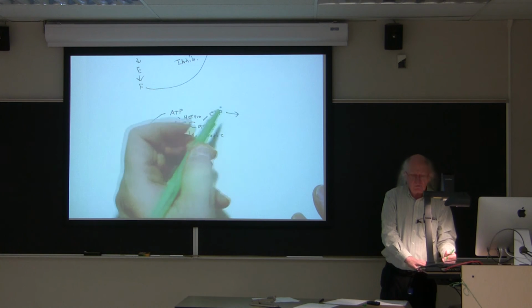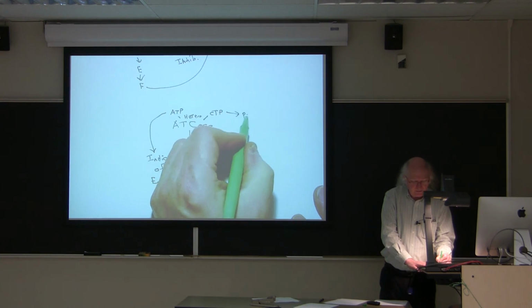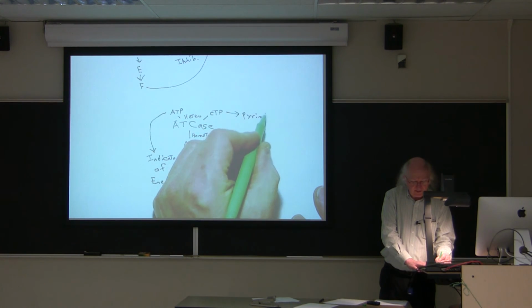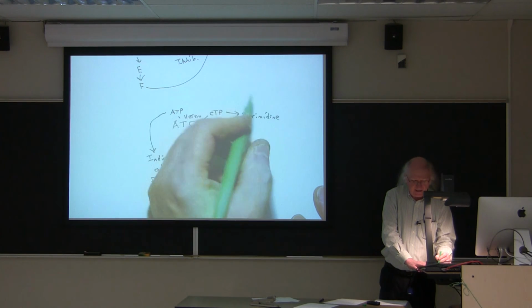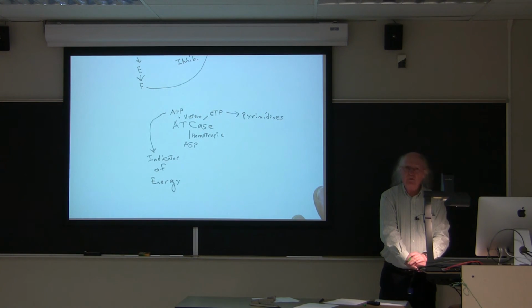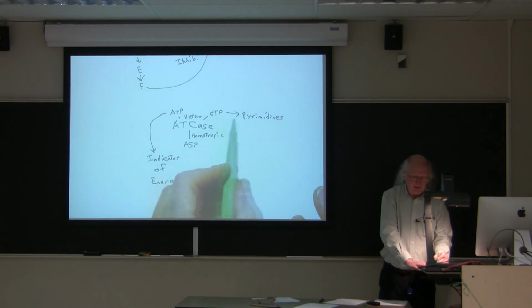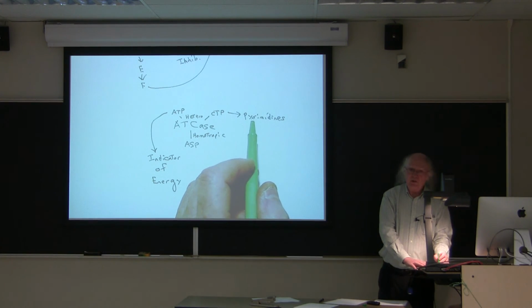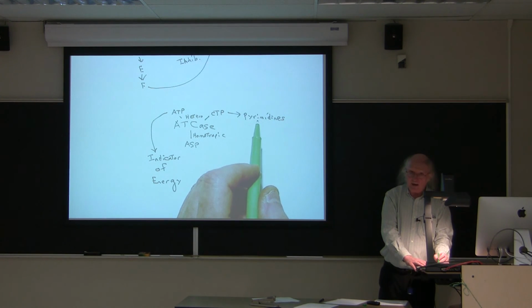CTP is a measure of the level of pyrimidine nucleotides. Pyrimidines, of course, are needed to make RNA and DNA. And if pyrimidine concentrations are high, the cell wants to turn off the enzyme, because by turning off the enzyme, it prevents the pyrimidine concentration from getting too high.